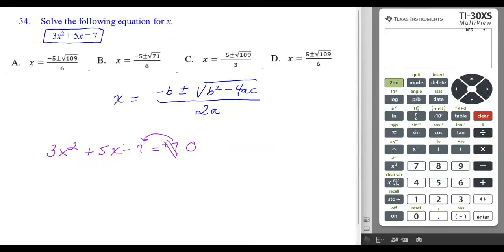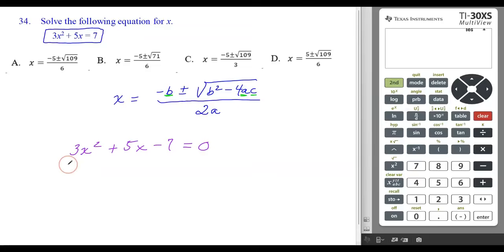I'm going to rewrite that a little neater. 3x squared plus 5x minus 7 equals 0. And then I just need to identify my a value, my b value, and my c value from the formula.